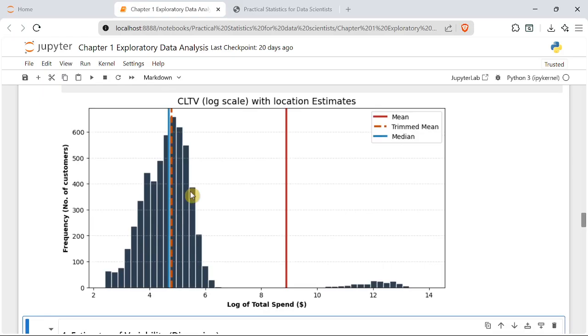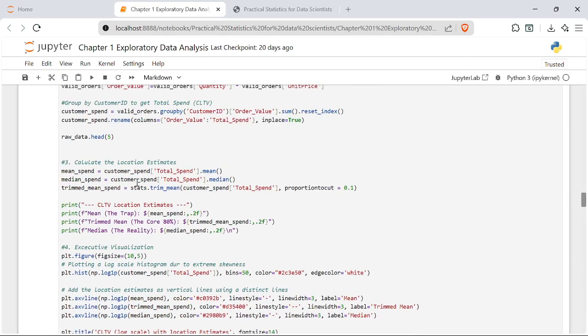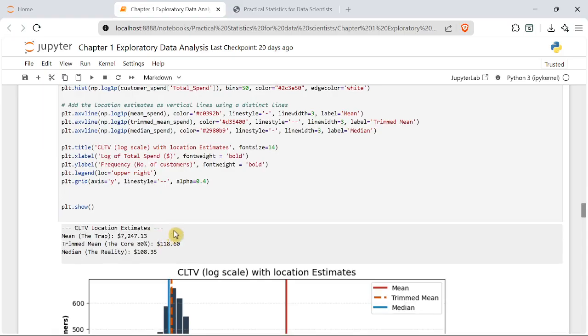The reality. Okay, when we run through the numbers on our transaction data, the standard mean customer spend shows roughly $1,500. But if we blindly report this number to the marketing team, they will drastically overspend on acquiring new users, burning through our cash runway.